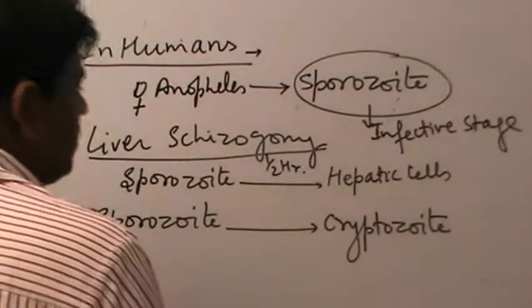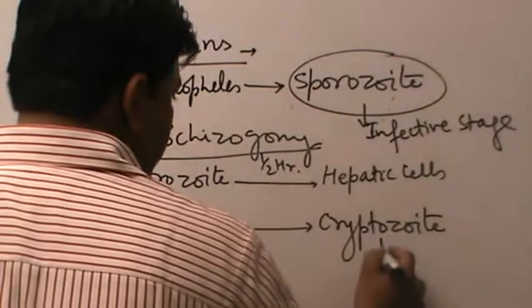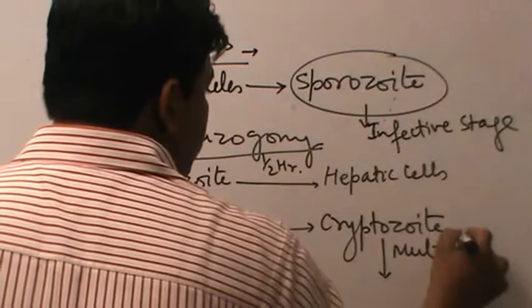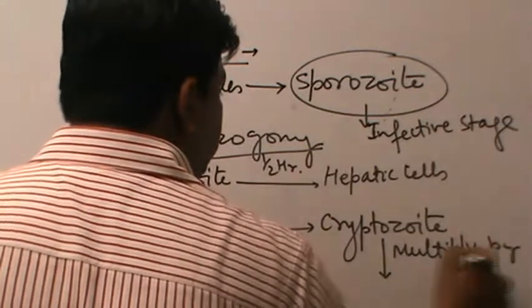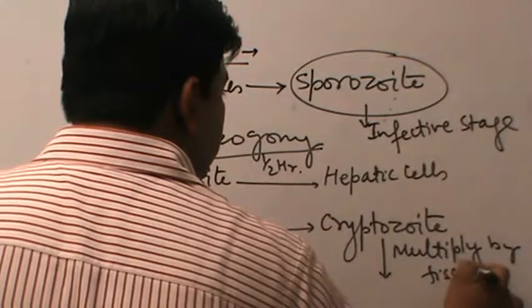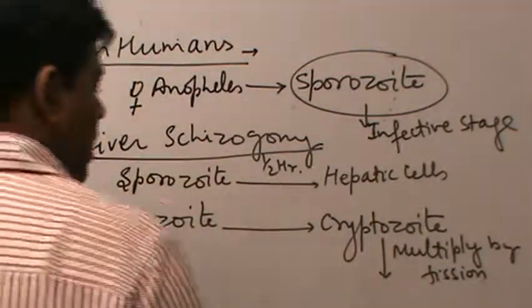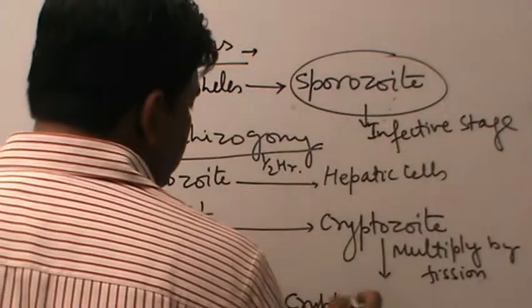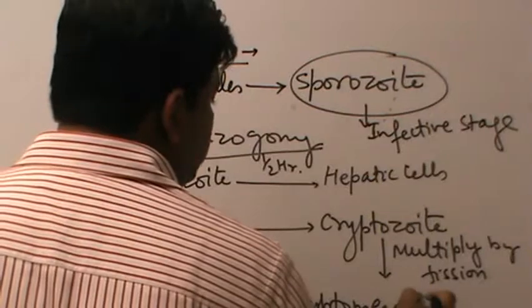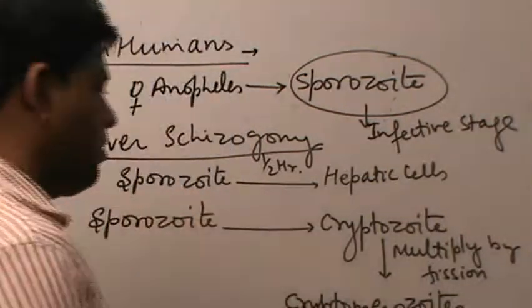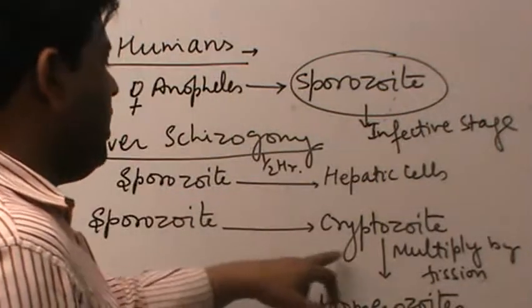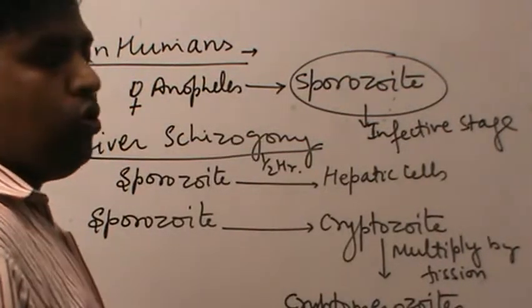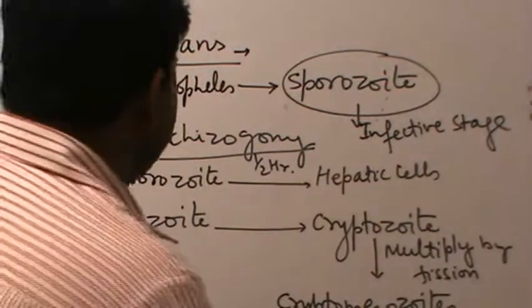Now these cryptozoites will multiply by fission, breaking, and form cryptomerozoites.